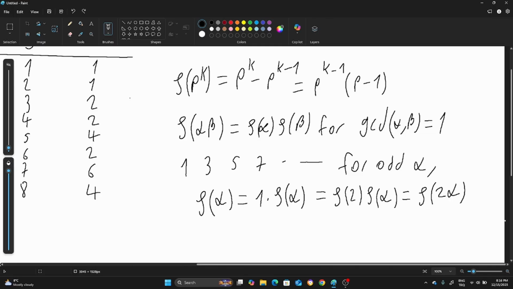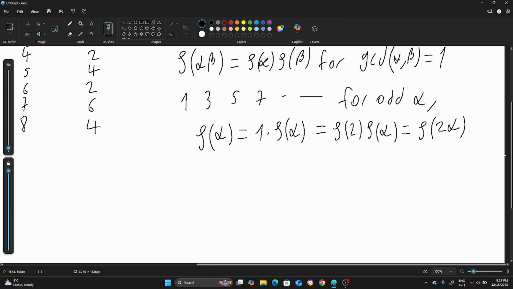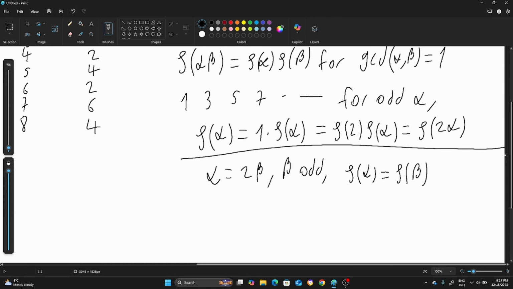And yeah, this is the easy part. And what about even values, you might say? If alpha can be written as 2 beta for beta odd, then we can say totient of alpha equals totient of beta. So for even values, if our value is only divisible by 2, then we can factor the beta out to satisfy our conjecture.